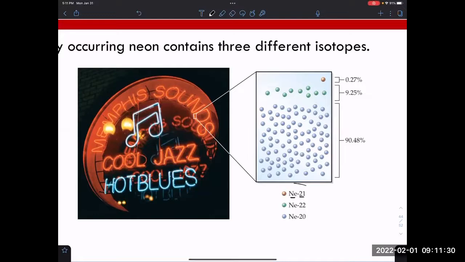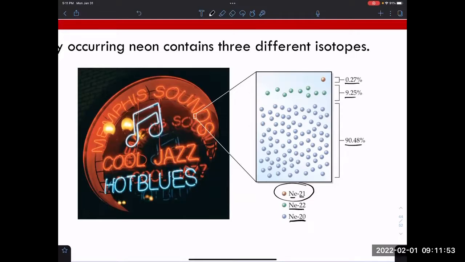But we can see here that neon 21 has an abundance of just 0.27%. So less than 1% is neon 21. Roughly 10% is neon 22. And then the vast majority, 90% of all neon that's naturally occurring is neon 20.